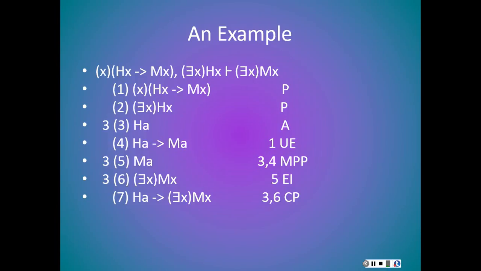Okay, now that I have discharged that assumption, I have line 2, in which a sentence with an existential quantifier out front occurs. And I have line 7, in which I have a conditional that has as its antecedent an arbitrary case of the existential sentence that occurs on line 2, and that conditional also has as its consequent my desired conclusion.